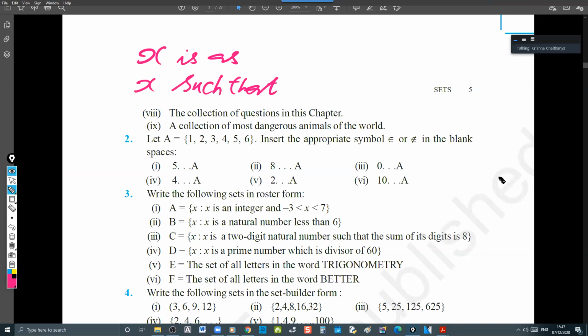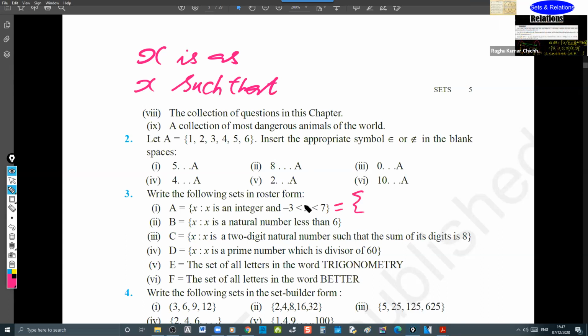A equal to set of X such that X is an integer and 3 less than X less than 7. See properly? Minus 3.